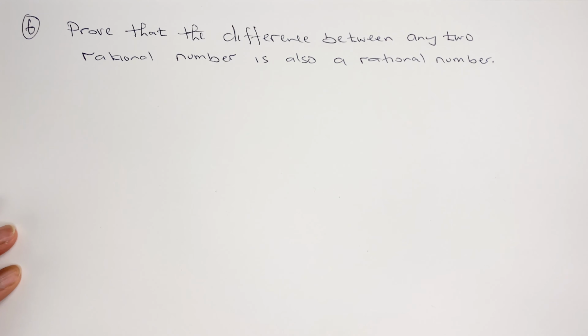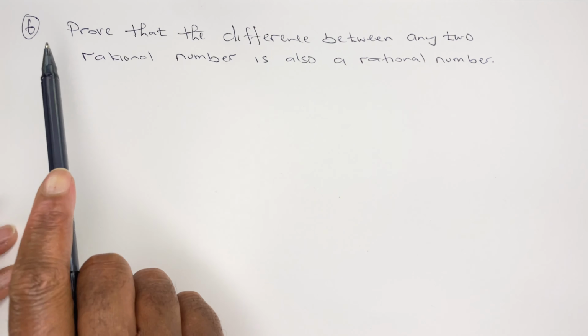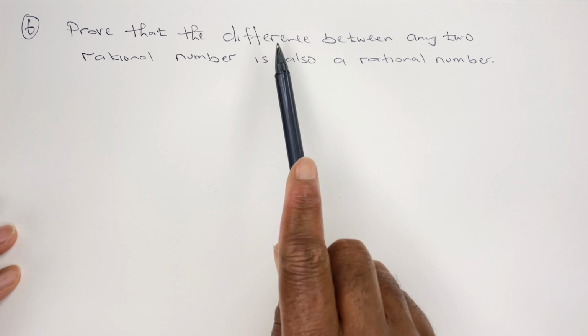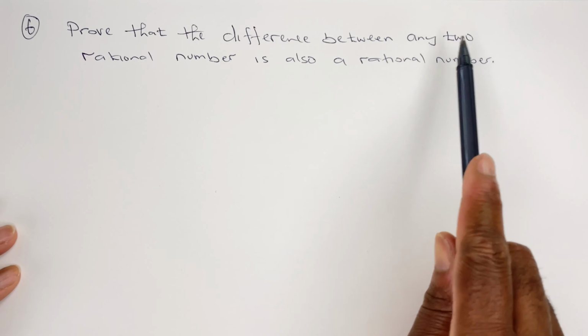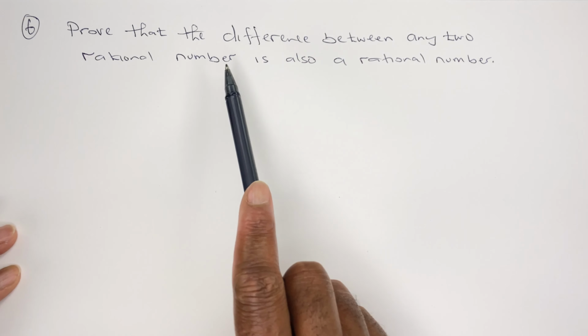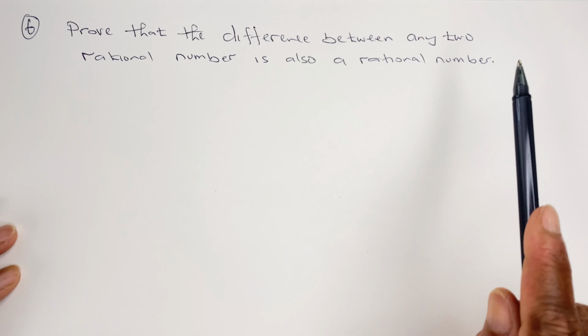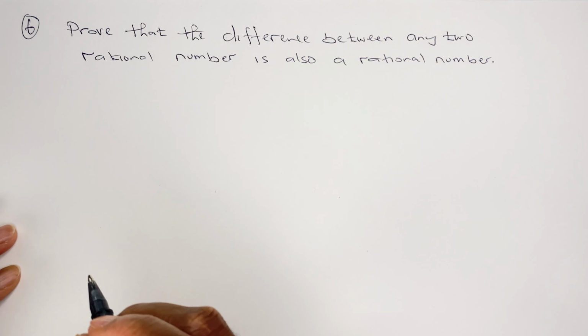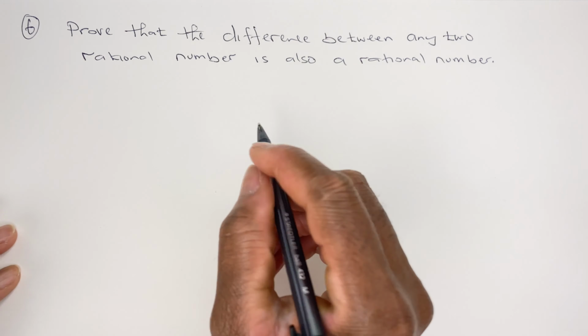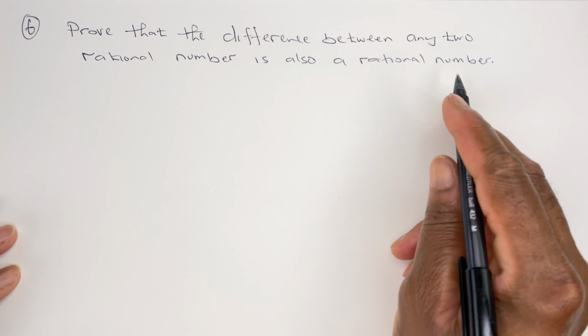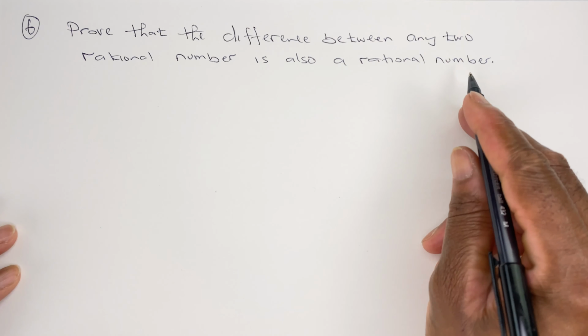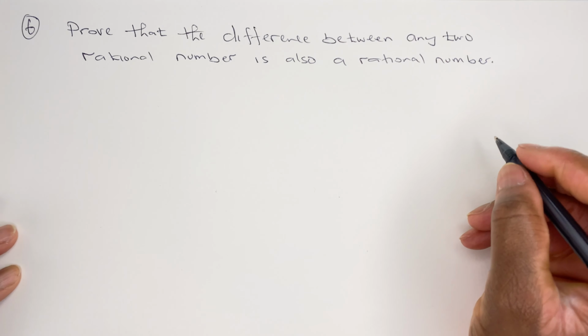Question 6. We need to prove that the difference between any two rational numbers is also a rational number. Well, we know a rational number is a number that can be written as a fraction.